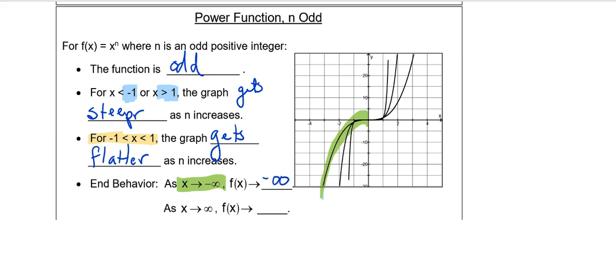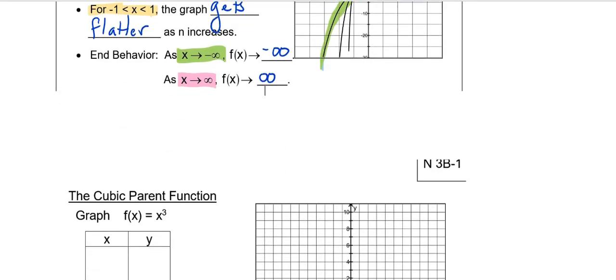That's what our y's are doing. Our outputs are going to negative infinity. If our x is going to positive infinity as our x inputs go in, what is our function output going to be? f of x is going to go to positive infinity.